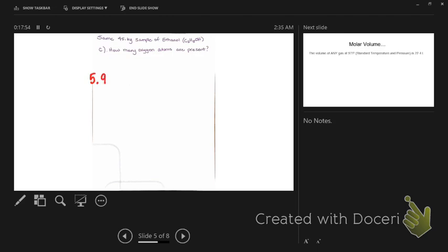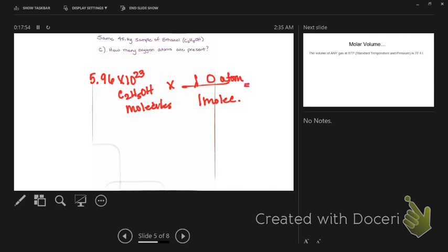Okay, so 5.96 times 10 to the 23rd C2H5OH molecules. And we know in 1 molecule there's 1 oxygen atom. Okay, so the 5.96 times 10 to the 23rd times 1, which is, of course, 5.96 times 10 to the 23rd oxygen atoms. Okay, and we're done. All right.